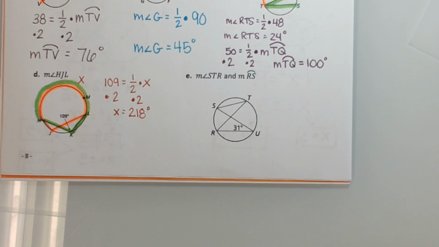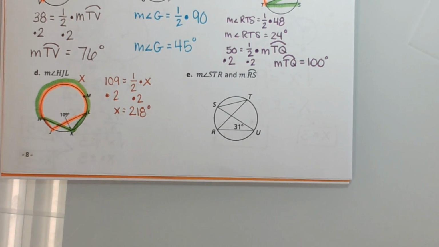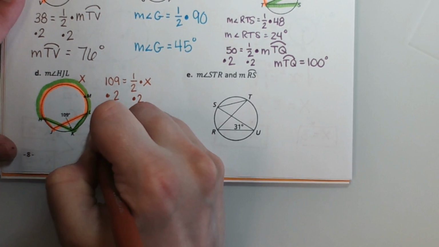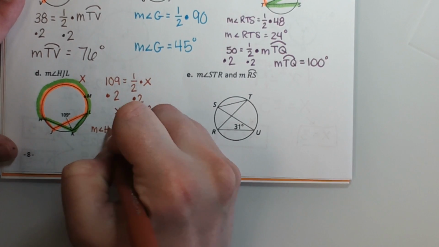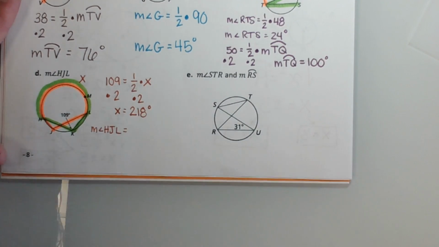Is that what I wanted? No. I wanted an angle. An angle that happens to have the same arc. So now I know how to work with the orange. I can say the measure of my angle, which I'm going to go back to HJL now.